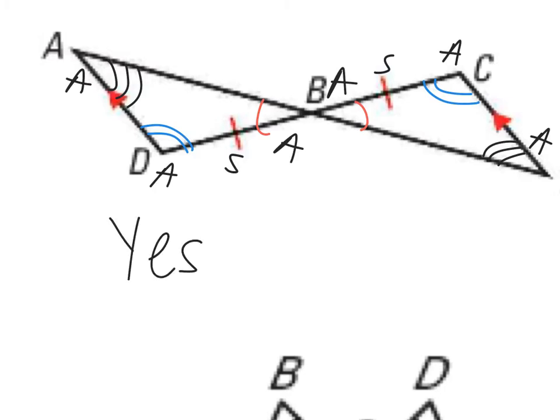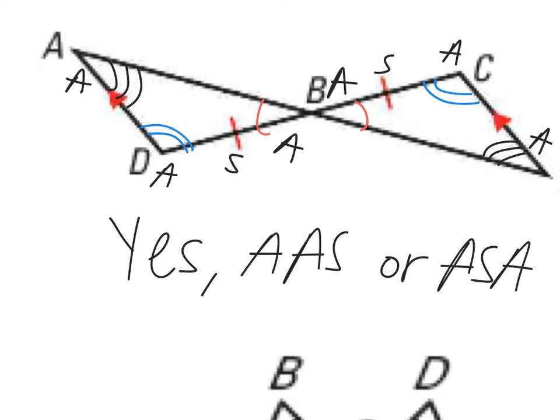Yep, so this one. Okay. What's the other way? ASA. You see it here. Either one of those would work because you have all three angles and you do have a side as well.